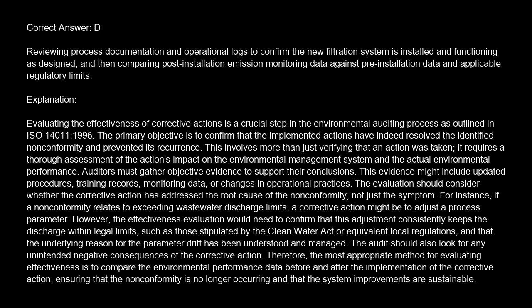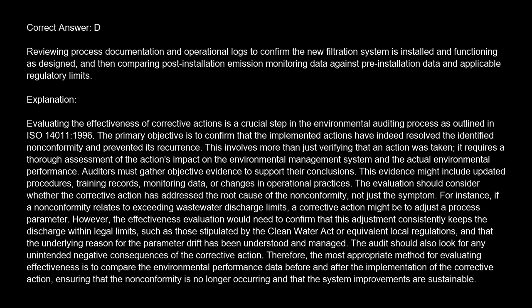For instance, if a nonconformity relates to exceeding wastewater discharge limits, a corrective action might be to adjust a process parameter. However, the effectiveness evaluation would need to confirm that this adjustment consistently keeps the discharge within legal limits, such as those stipulated by the Clean Water Act or equivalent local regulations, and that the underlying reason for the parameter drift has been understood and managed.